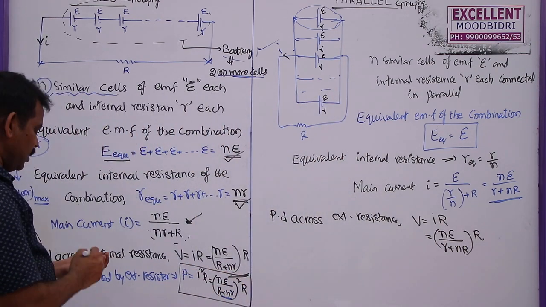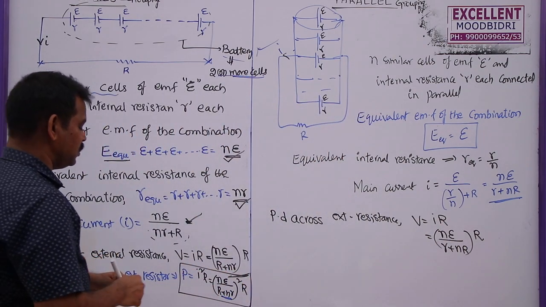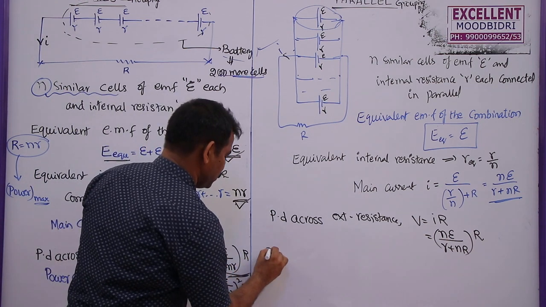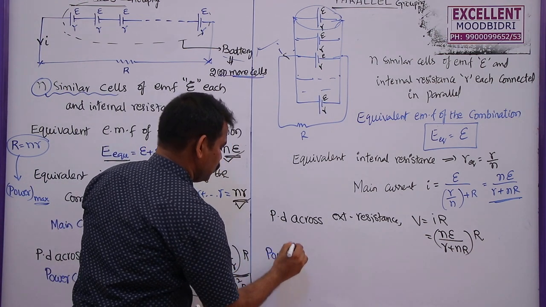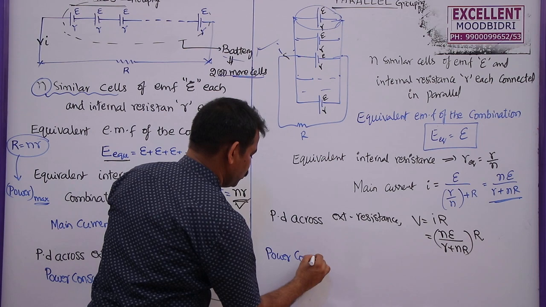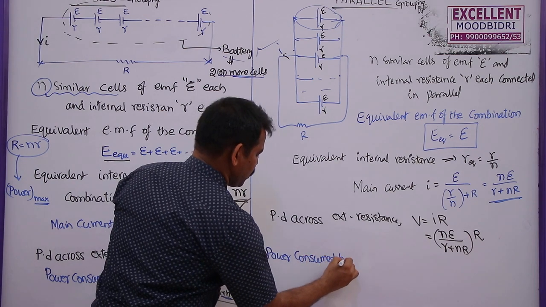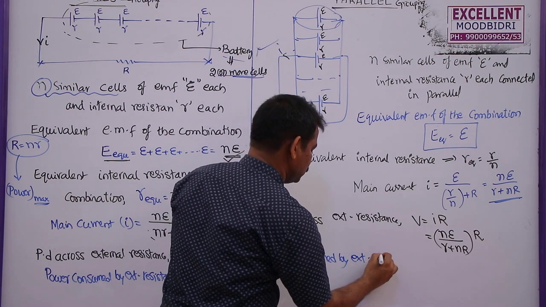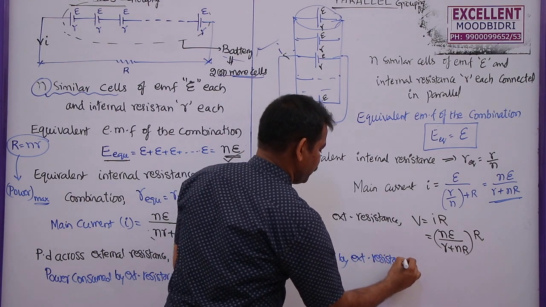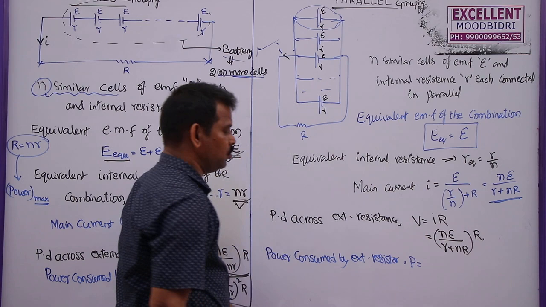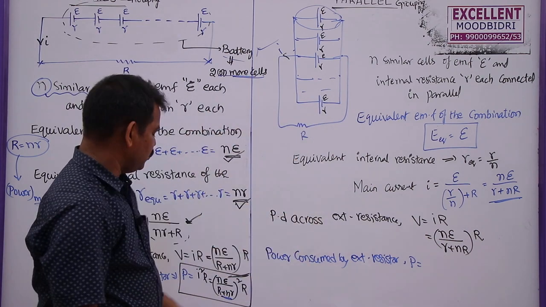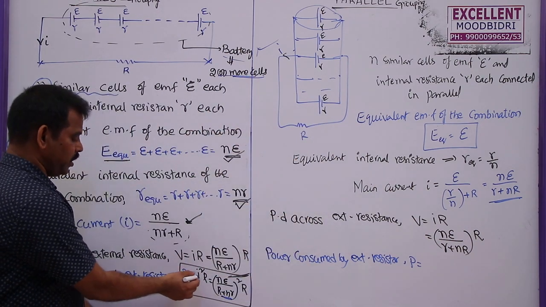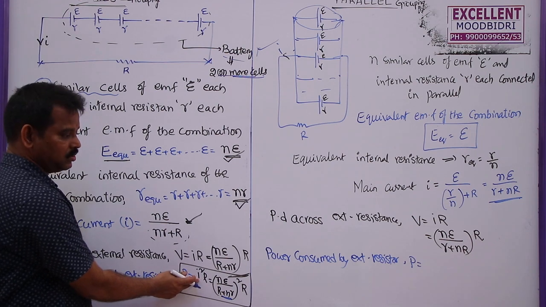Now, similarly, what is the power consumed by the external resistance in this grouping? Power consumed by the external resistor is given by P is equal to... as it is a parallel combination, we should not use the formula power is equal to I square R, which is for the series combination as I is constant.